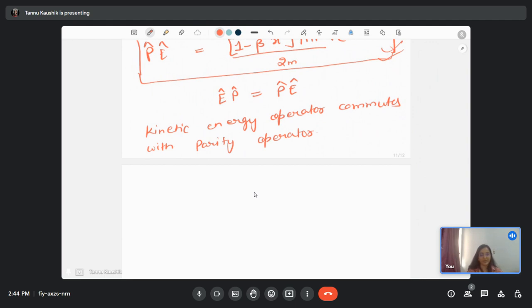So whatever function we will be taking, we will have to check for the first condition that our operator, is it position operator, momentum operator, kinetic energy operator, or it might be Hamiltonian operator also. You will have to check whether this operator is commuting with this parity operator or not. So now from these examples we are clear that position and momentum operator don't commute with parity operator, and kinetic energy commutes with this parity operator.